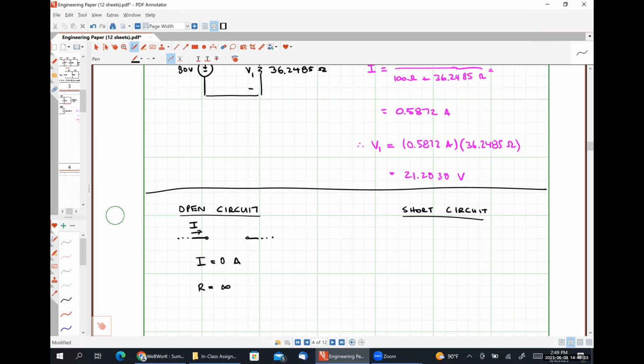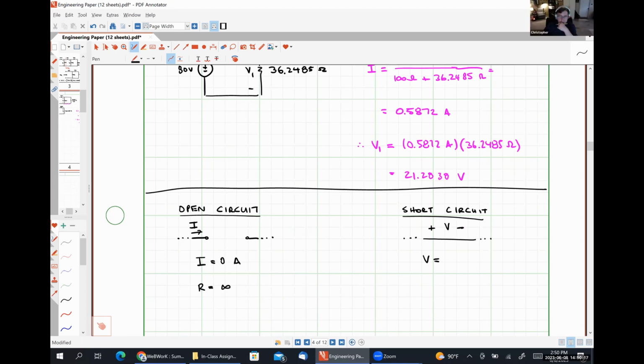Okay. On the other side of things, we have short circuits, which we're going to represent as literally just a wire. Okay. So what should the voltage drop across a short circuit be?